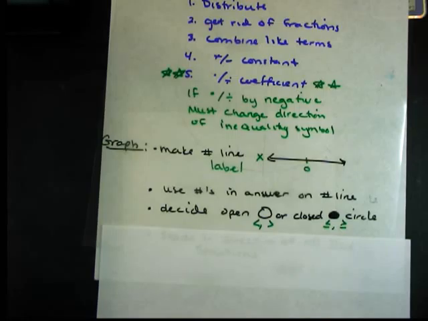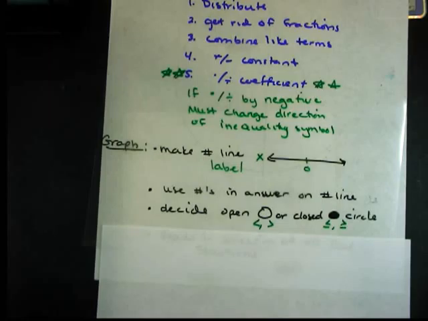Just kind of common sense, if you have less than $5 in your pocket, that means you don't have $5. So 5 is not included. That's why it would be an open circle. So you need to make sure you know which symbol you have to know which circle it gets, open or closed.